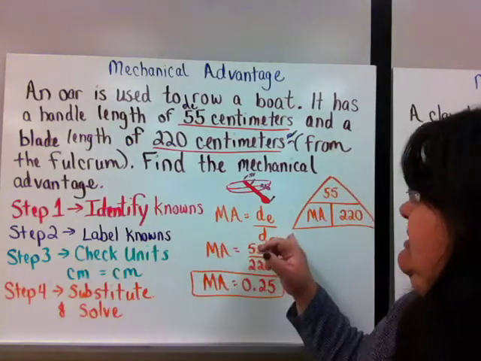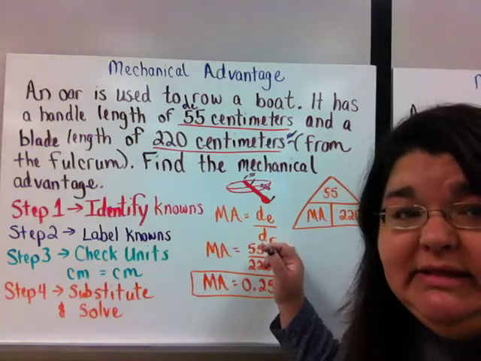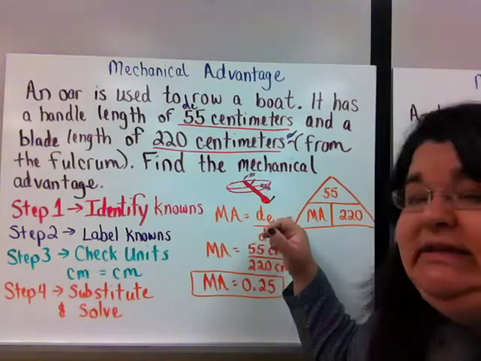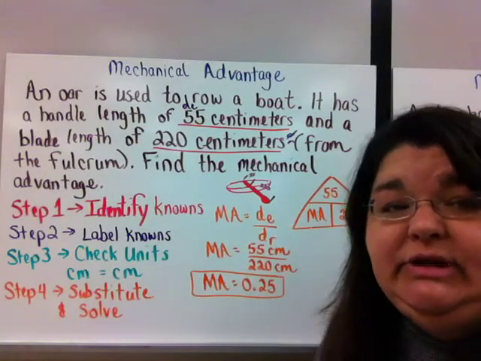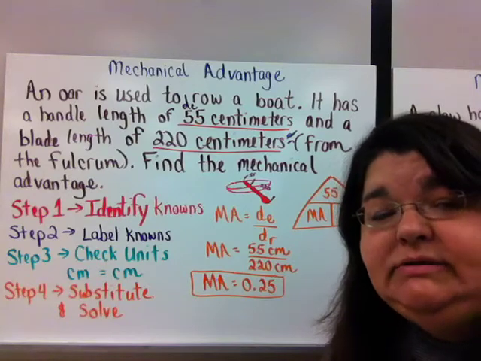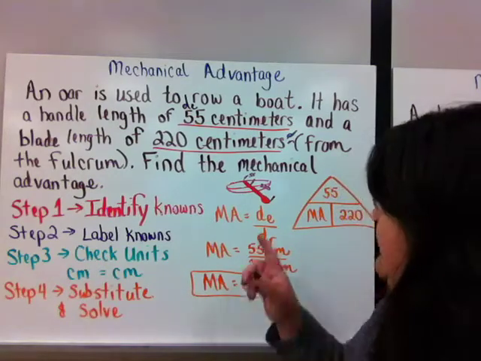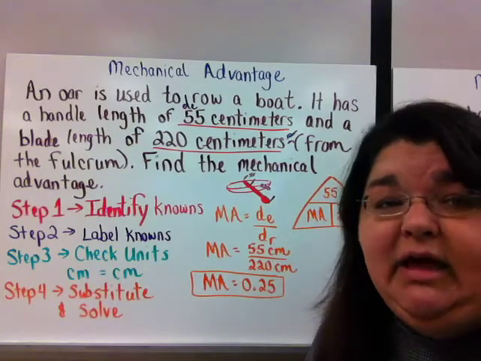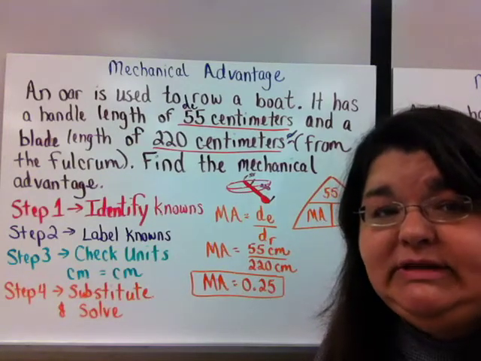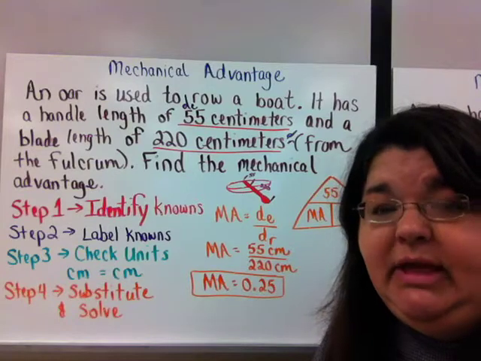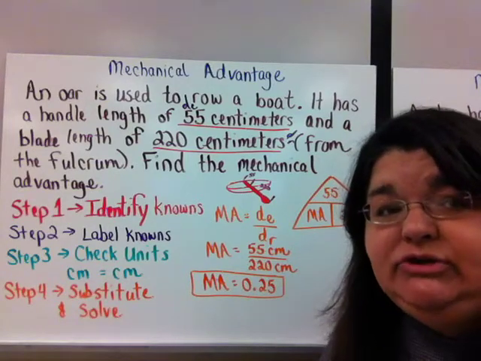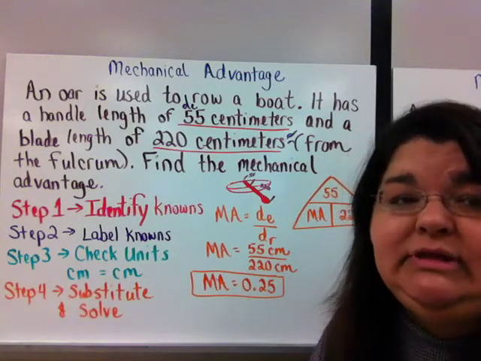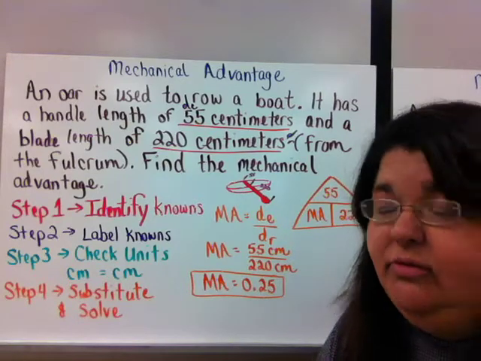Now, this equation is a little different from the one that we had in the last problem because we have DE over DR. The reason we use that formula is because we are dealing with distances. Please notice also that the E is on top in this problem. In the other formula with the forces, resistance was on top. So be careful to make sure you place your values in the proper location in the formula.